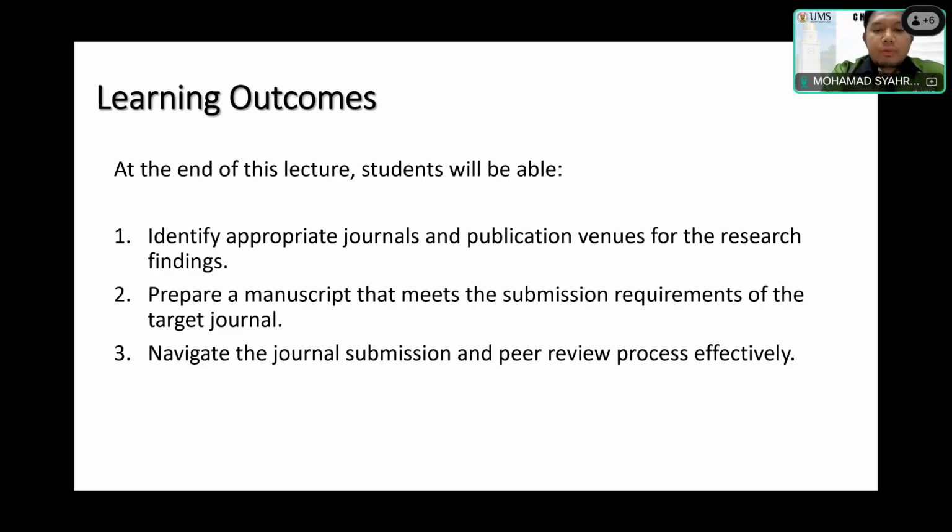Second, you should be able to prepare what the reviewers want in terms of an acceptable research article, prepare a manuscript that meets the submission requirements of the target journal, and then navigate the journal submission and peer review process effectively. Okay, I think some of you are quite familiar with publishing.